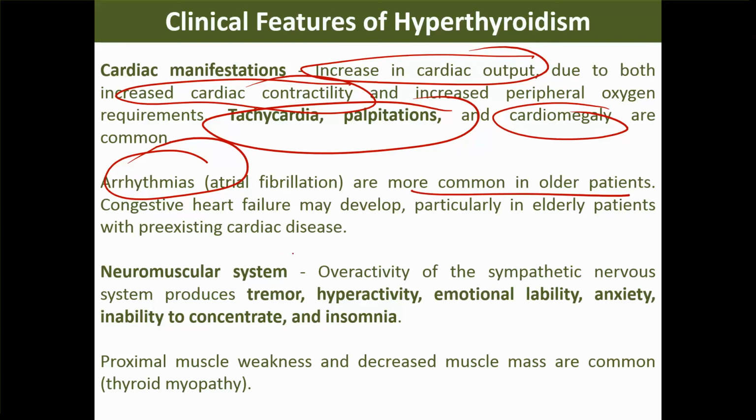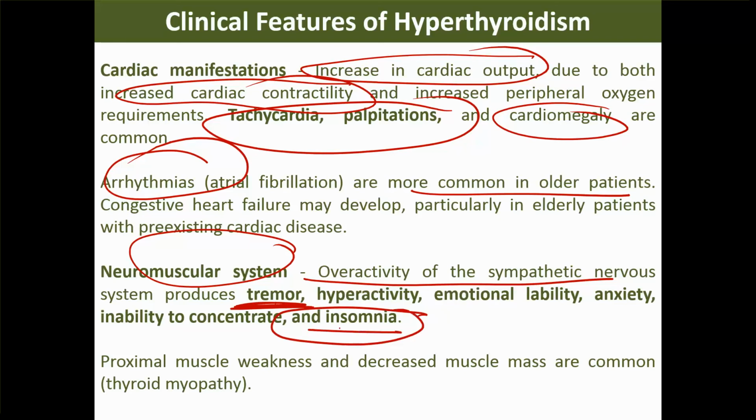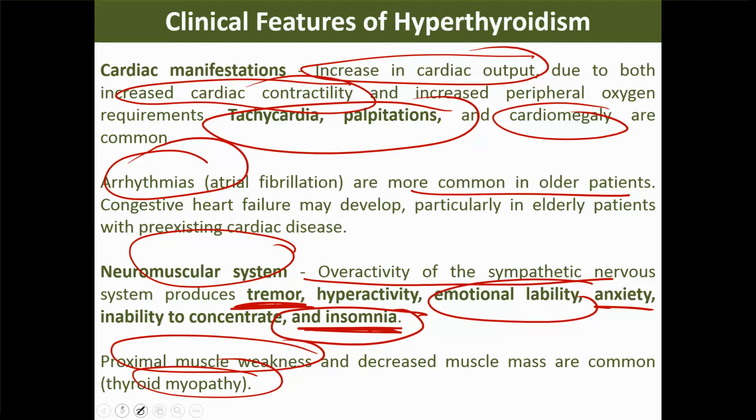And neuromuscular activities become overactive because of the hyperactive sympathetic nervous system. They produce tremor, they disturb sleep, which is a characteristic feature, they are emotionally labile, and they have a lot of anxiety disorders. And it also affects the proximal muscles, which is called thyroid myopathy.